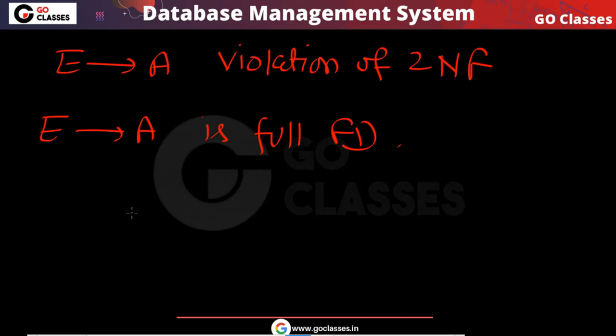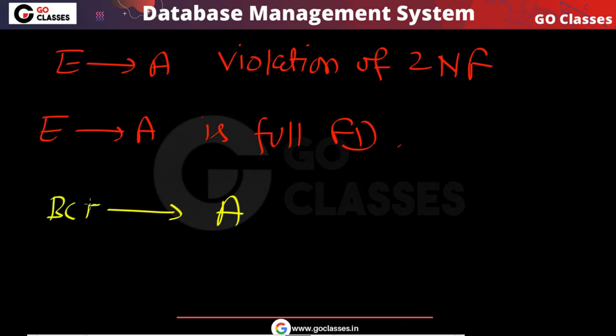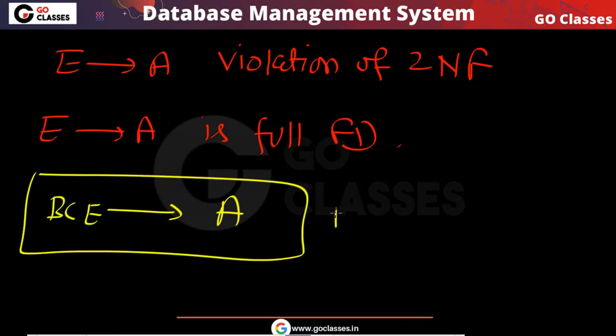So then what is a partial dependency? I told you this is a non-prime attribute and the partial dependency. So here you have the candidate key, for example BCE. So now you can notice this is a partial dependency.